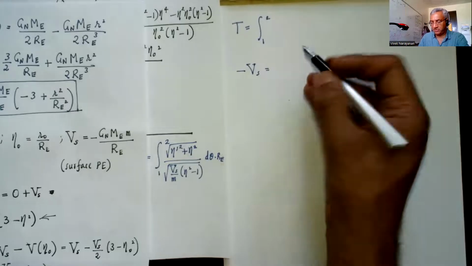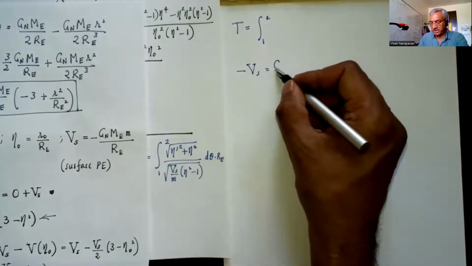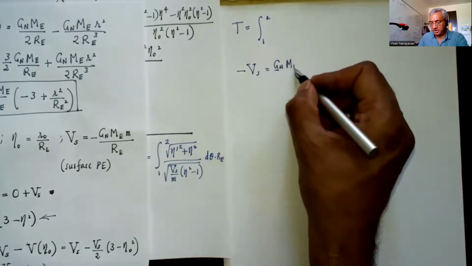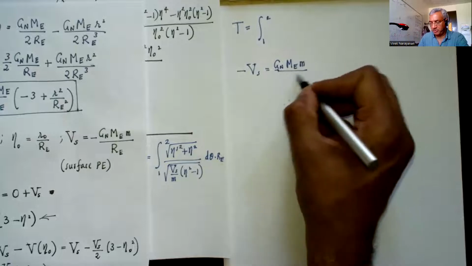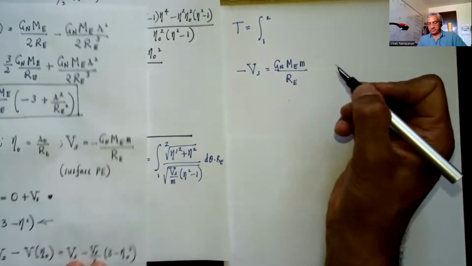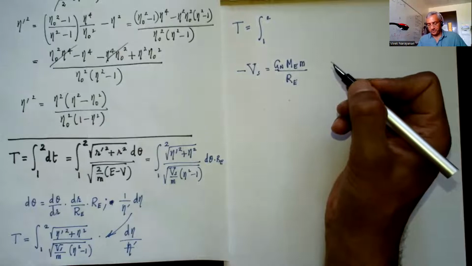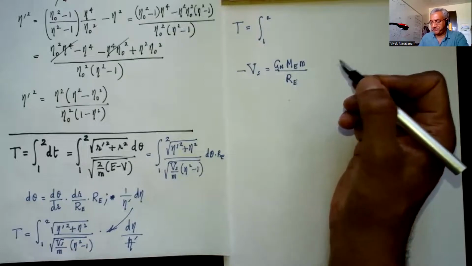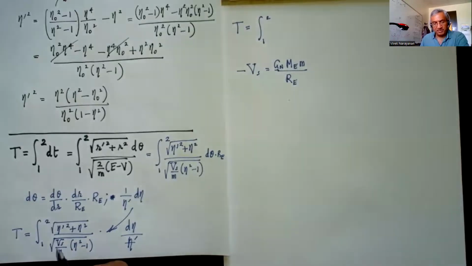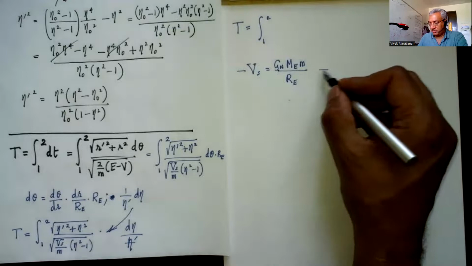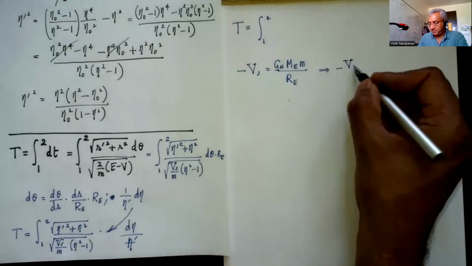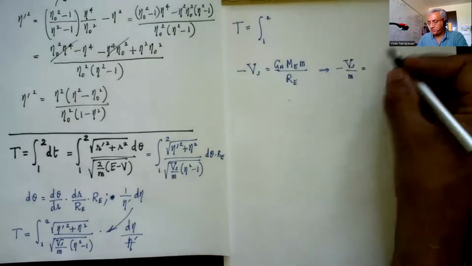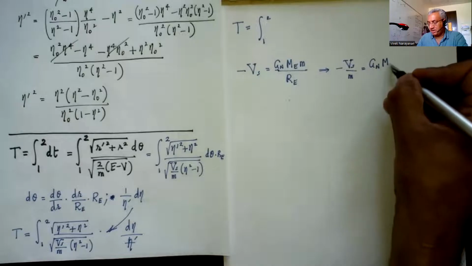Negative v sub s is G_N M_E little m over r_E. I'm done with that. If I want to take negative v sub s outside, I'll have to interchange the order of 1 and eta squared. Now you have v sub s over m. So let's find out what that is. Negative v sub s over m is G_N M_E over r_E.